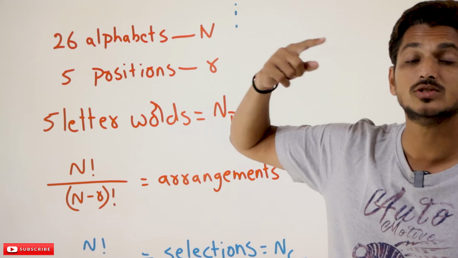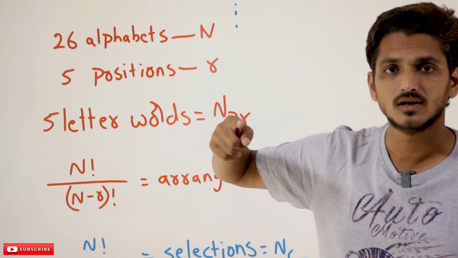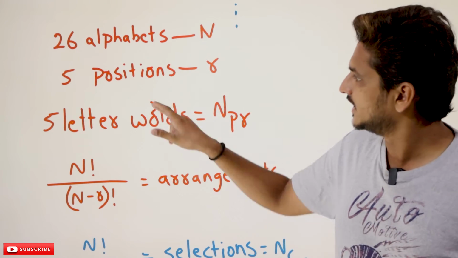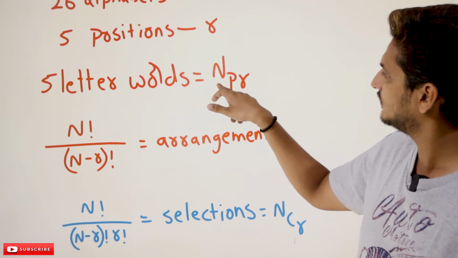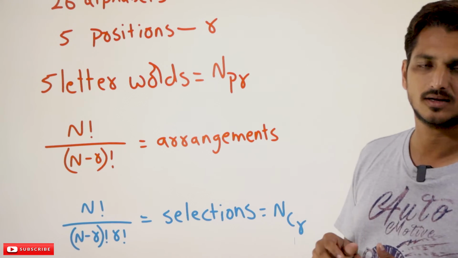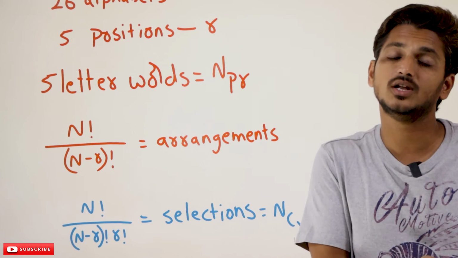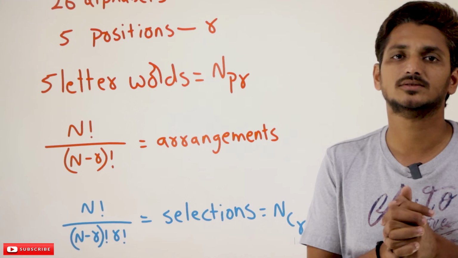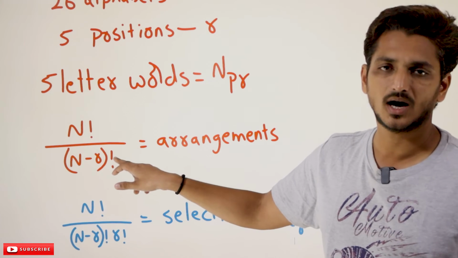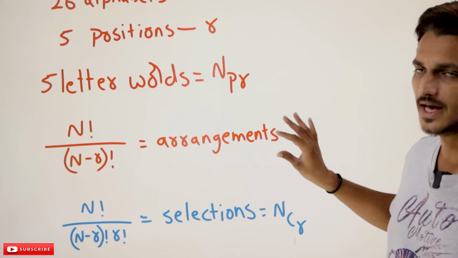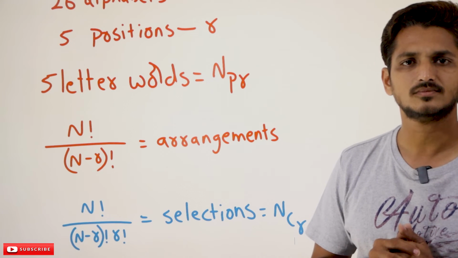The total number of possible arrangements in 5 positions, that is 5-letter words, is given as nPr. This is the formula which we understood in our permutations classes. nPr means n factorial by n minus r factorial. This is what total arrangement means.